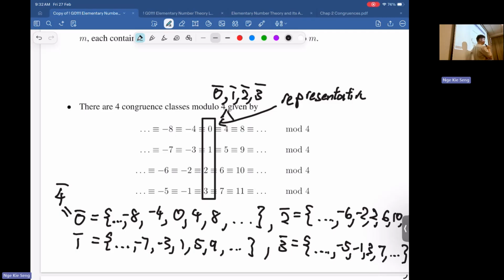It's the same as 0 bar. It's the same set. So for the representative, you can really pick anyone from the set. Same set. Okay, so far, any questions?